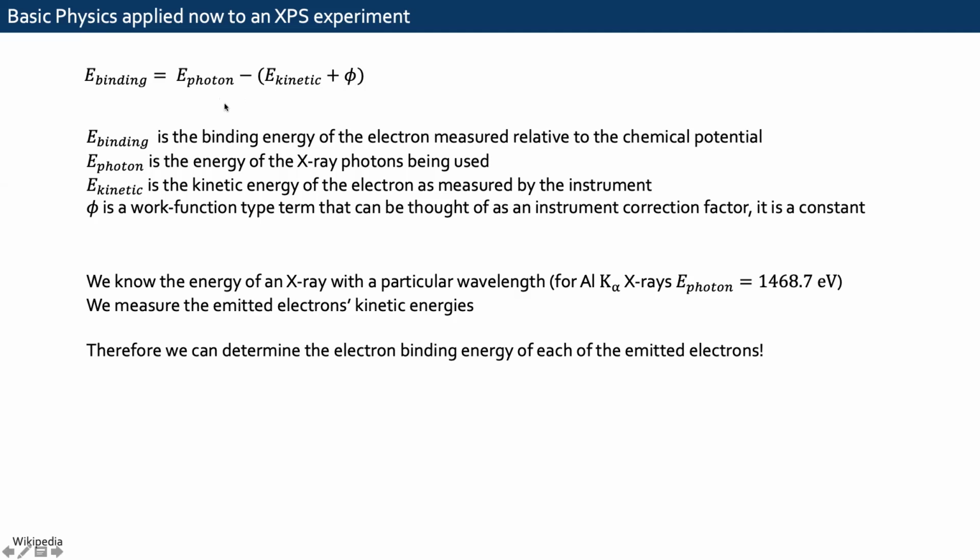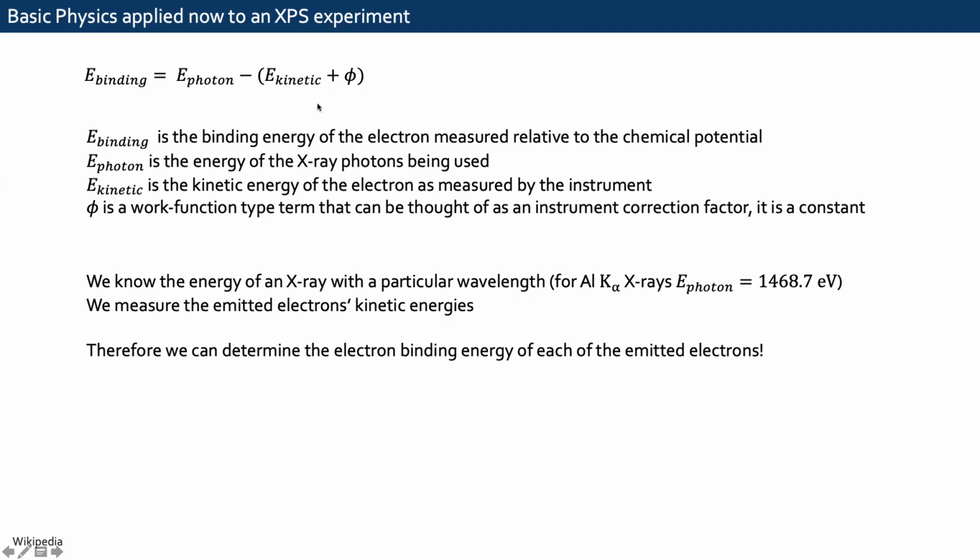What you do know for sure is that your X-ray source is always emitting a particular wavelength. In our case, we're doing aluminum K alpha X-rays that have a fixed energy. So this E photon is fixed from the instrument, and the work function term is fixed.